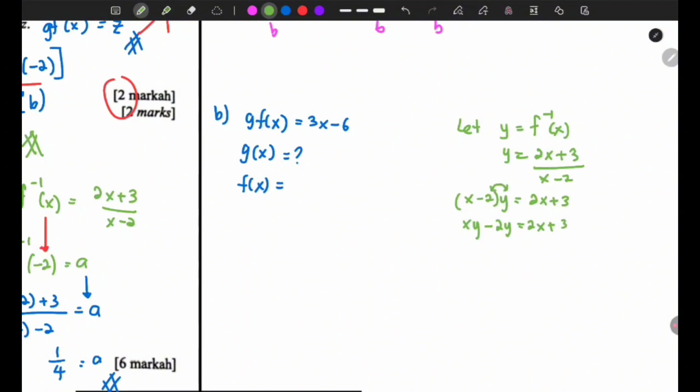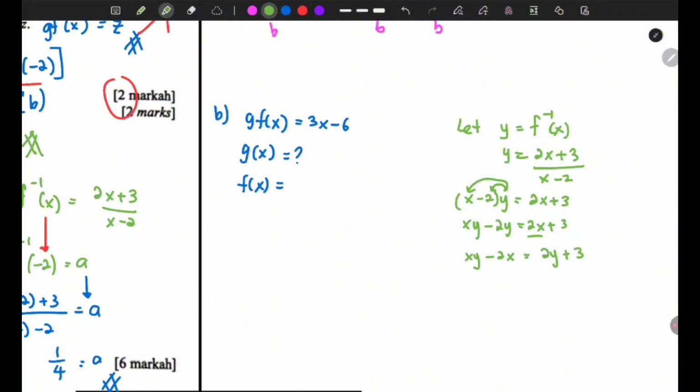I just times this here, and now bring your x one side and y another side. So xy, the 2x here I put here, so positive 2x here, and the negative 2y bring there, become positive 2y plus 3.